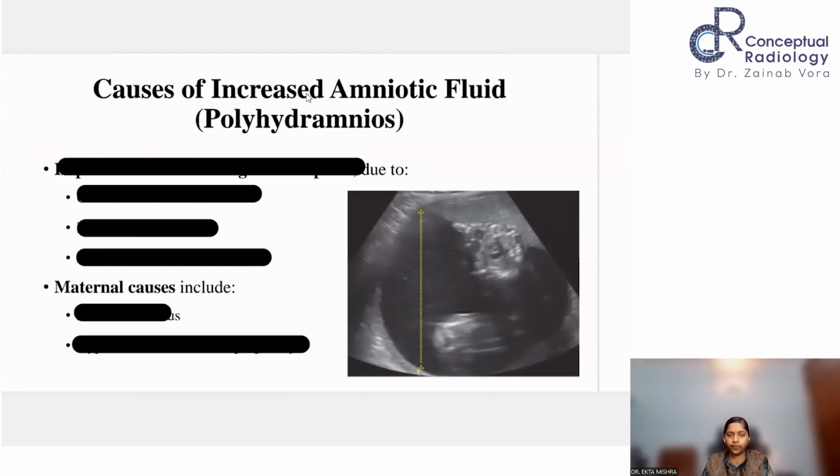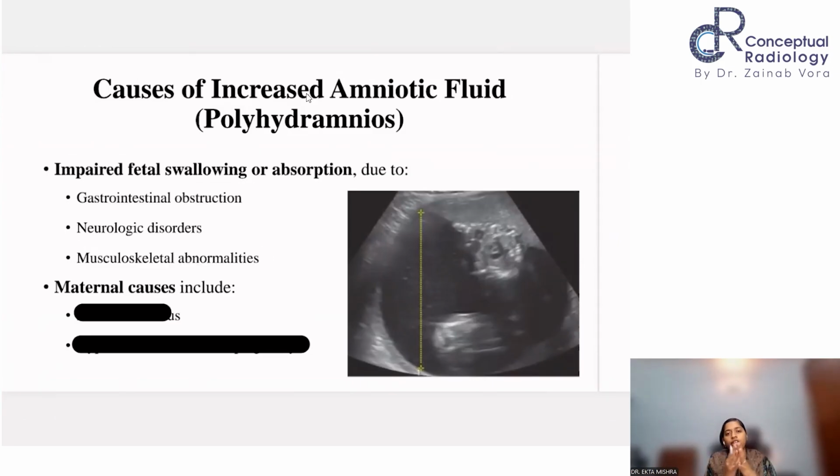Okay. Yes, these are the important structural abnormalities. And the maternal condition is, yes, diabetes. So anything which impairs the swallowing of the baby or absorption of the fluid from the fetus is going to cause increased accumulation of the amniotic fluid. So there is reduced resorption, and that's why there is increased AFI.